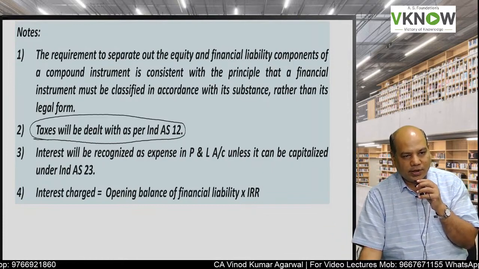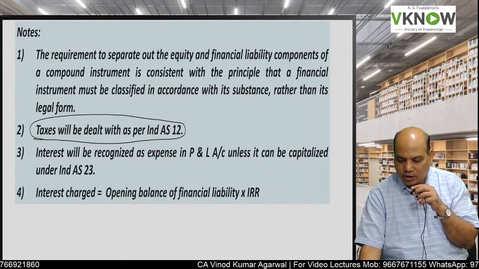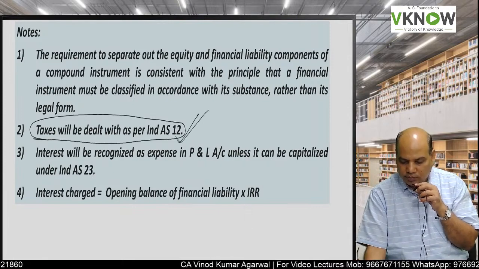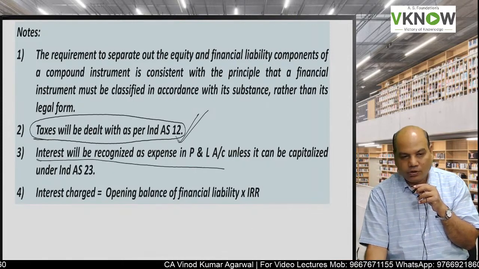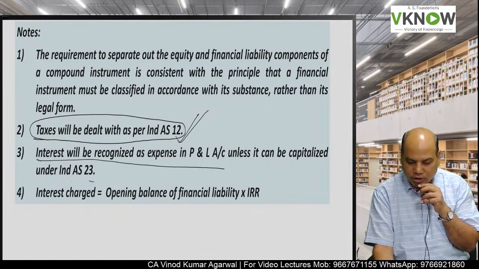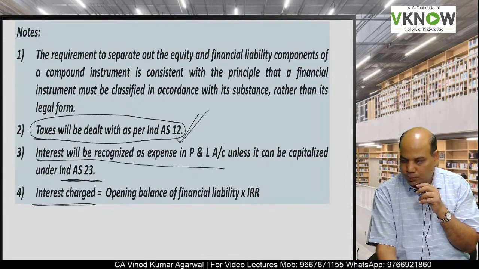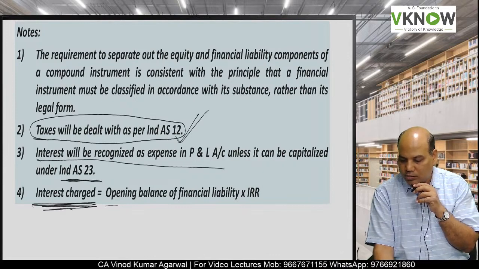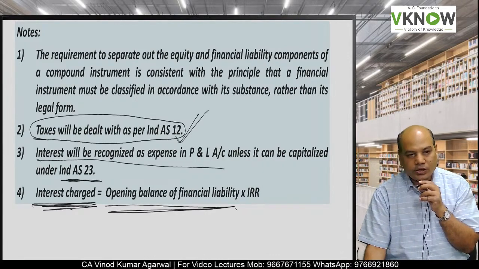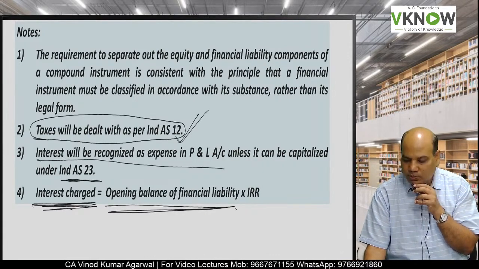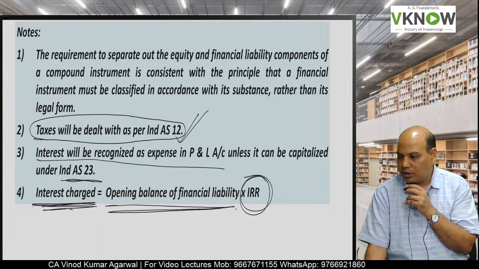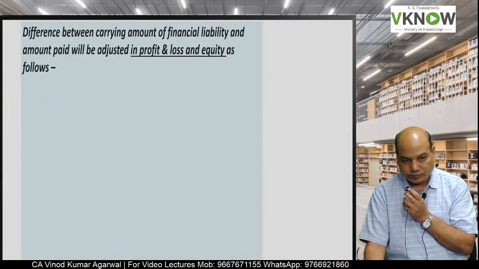That will be covered by IND AS 12. We will discuss separately. Any interest paid will be transferred to P&L account unless it can be capitalized. And how do you compute the interest here? Under amortized cost, take the opening balance of financial liability and multiply by IRR.